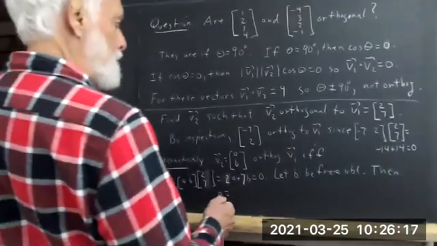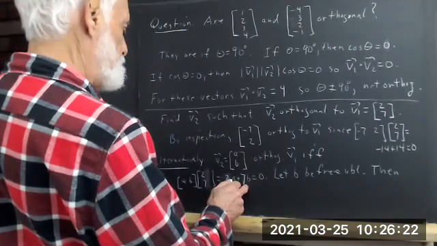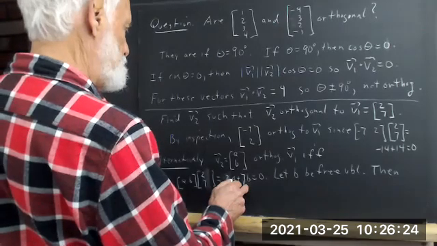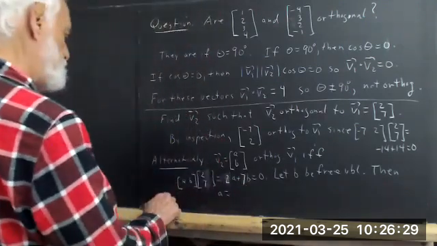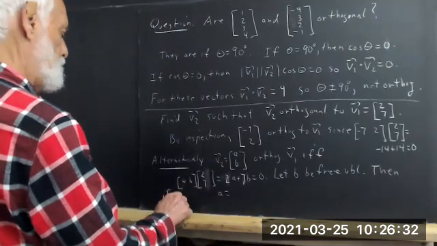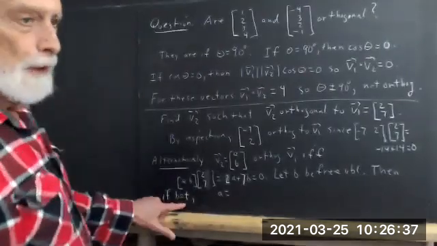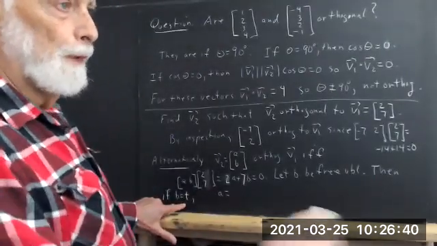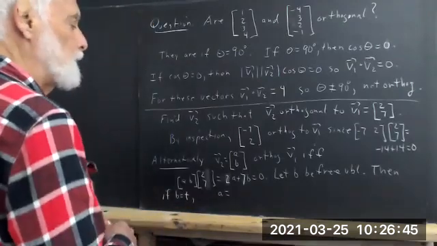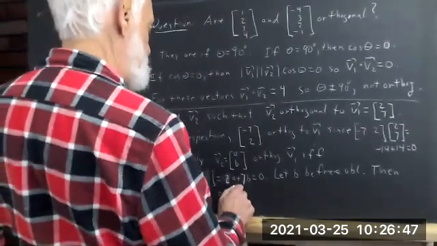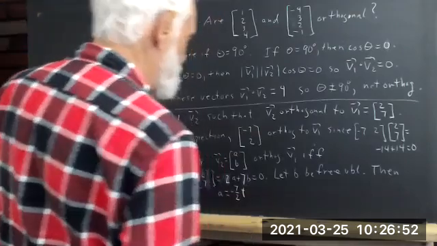Okay. So if B is your free variable, and the step I should have written down is we're going to let B equal T. So we're going to do this in terms of the parameter T, as we've done many times before. Okay, if B equals T, A equals negative 7/2 T.